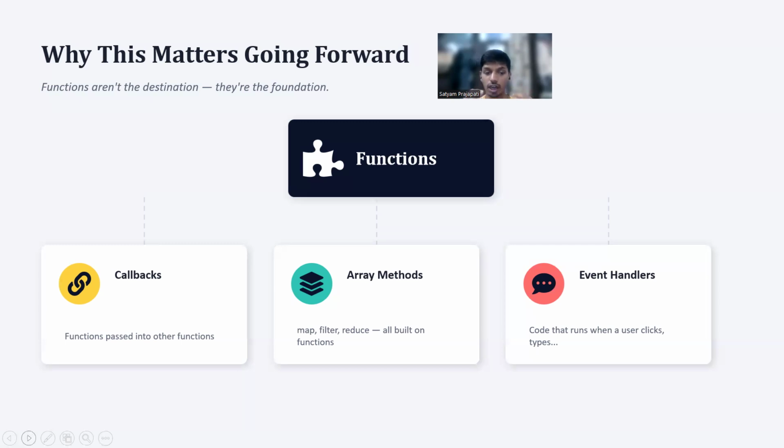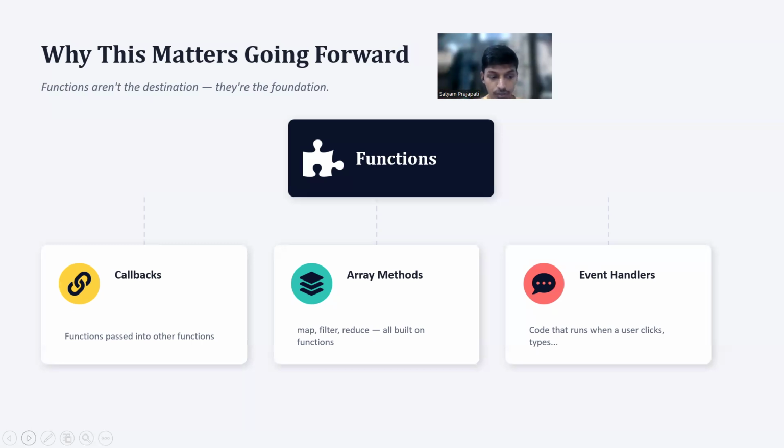That's how important a function is. A function is nothing but your own logic, your own code, which you want to use in the future or in thousands of things.